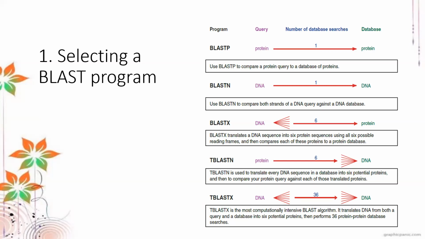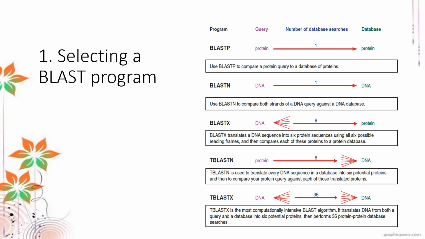You have your query, which is a DNA, it translates into six possible protein sequences. And then it is aligned protein to protein against a database where this database is derived from a DNA database, and each entry in the DNA target database is translated to protein. So you have 6 versus 6.